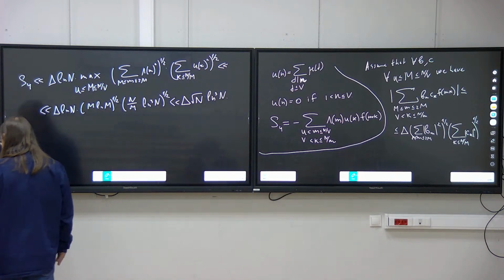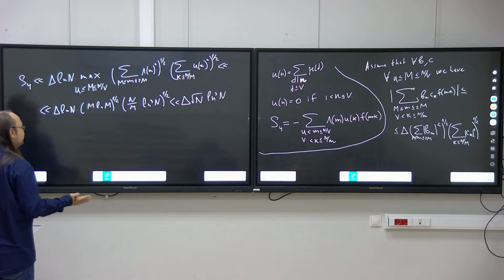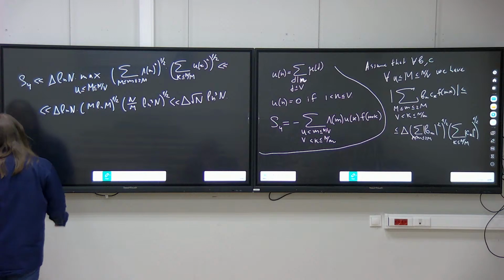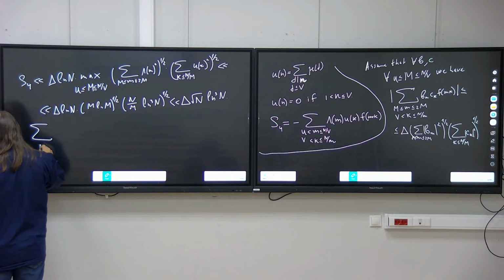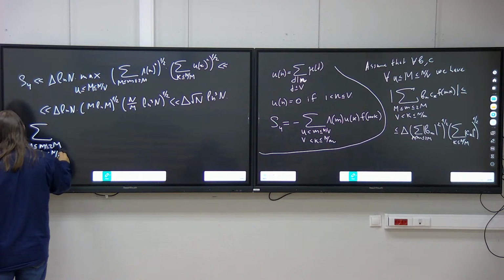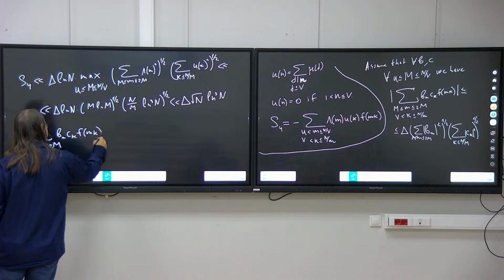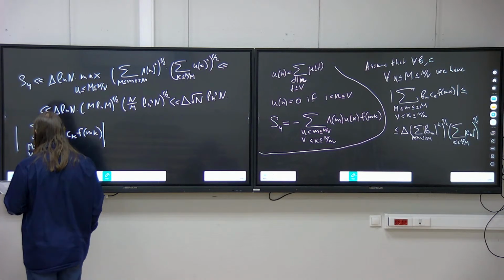Okay, so let us use Cauchy-Bunyakovsky-Schwarz, but more creatively. So the sum over all M between M and 2M and K between V and N over M of BM CK F of MK is at most what?